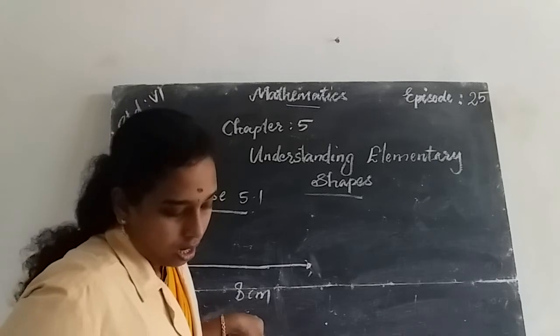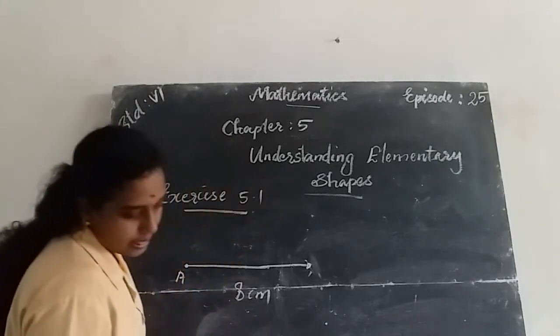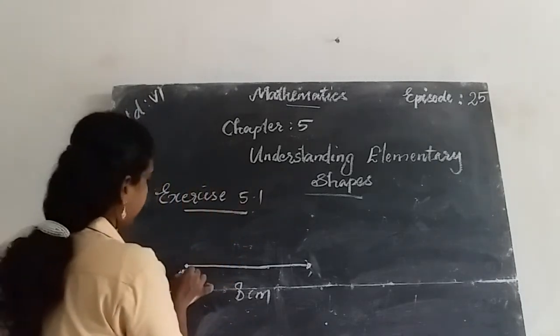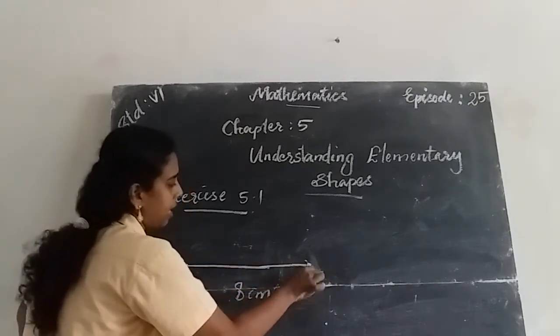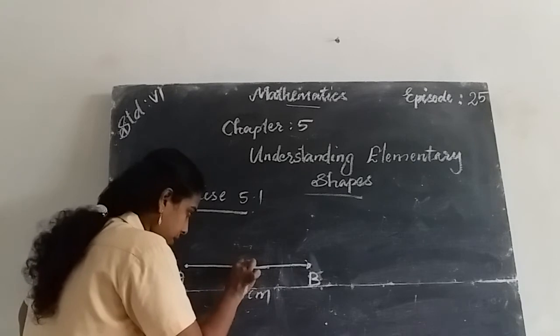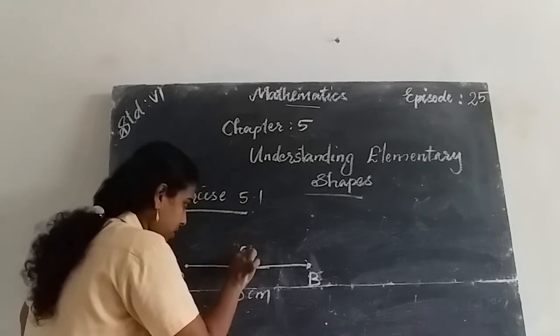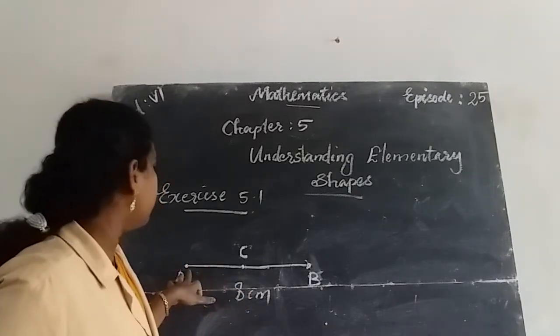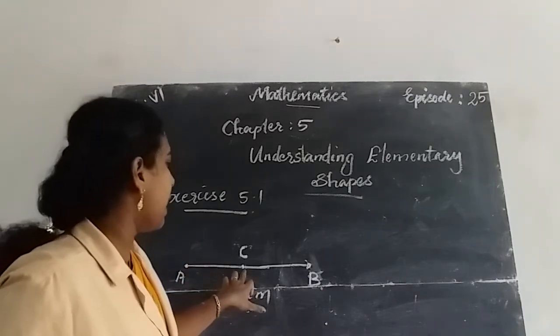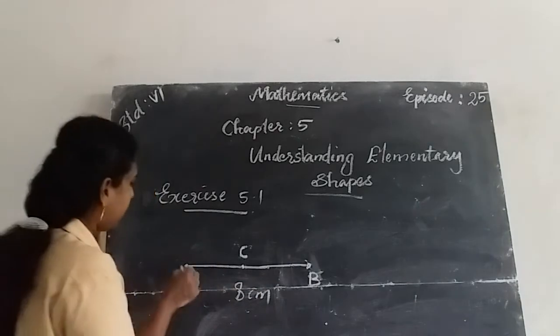Then point C lies between A and B. Put a point C between A and B. Here I mark point C. Then measure the length of AC and the length of CB.